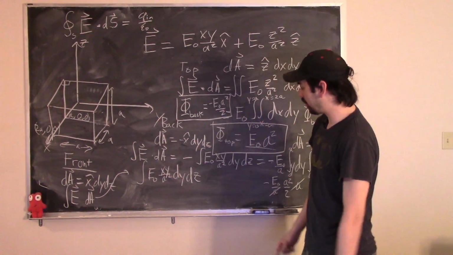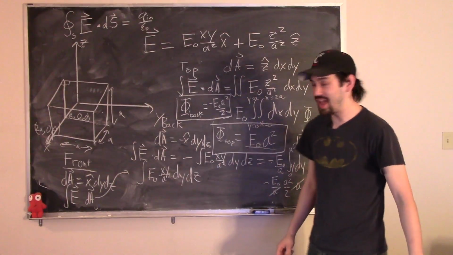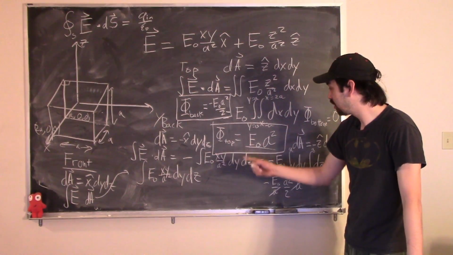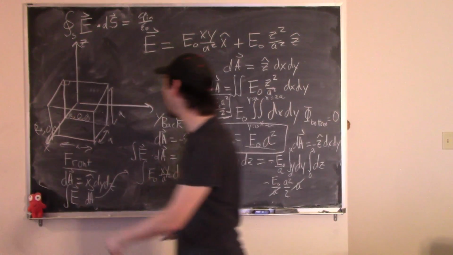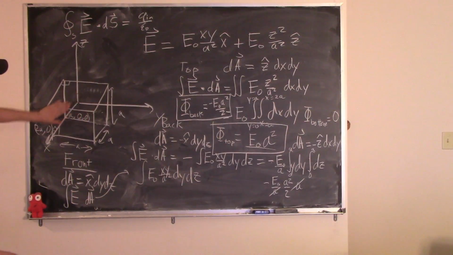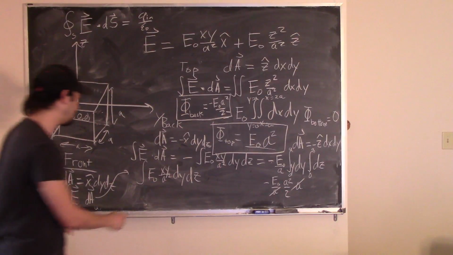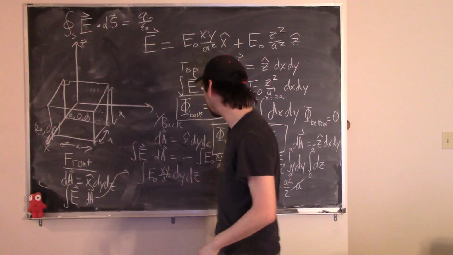And again, we need to evaluate what x is for this front face. For all of the points on this surface, the value of x is going to be 2a. And so we can plug that in and then bring this all out front.